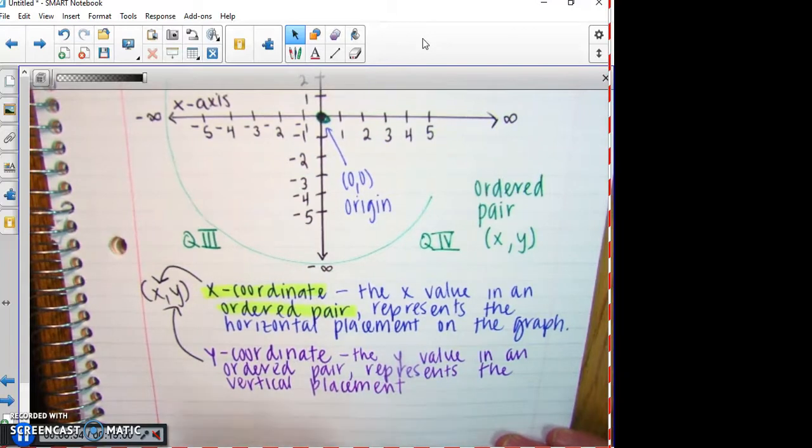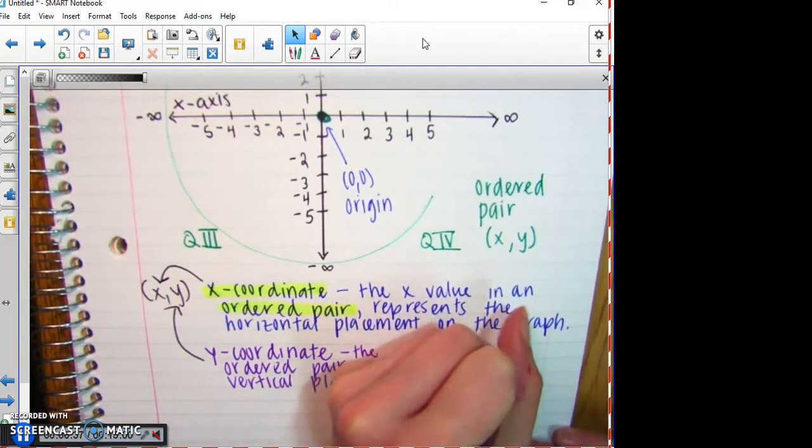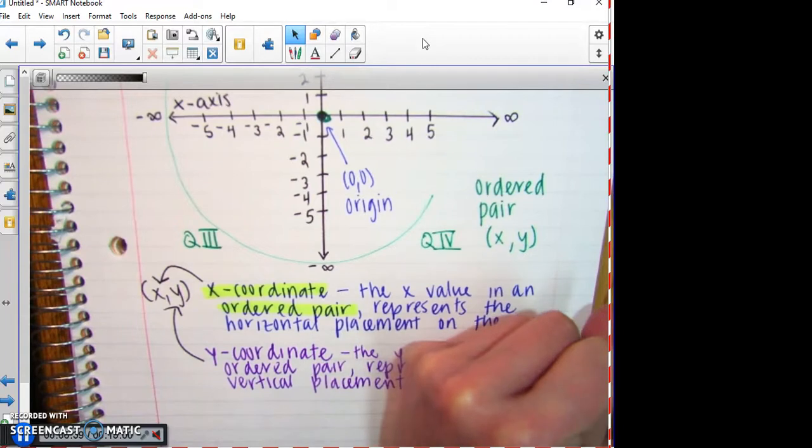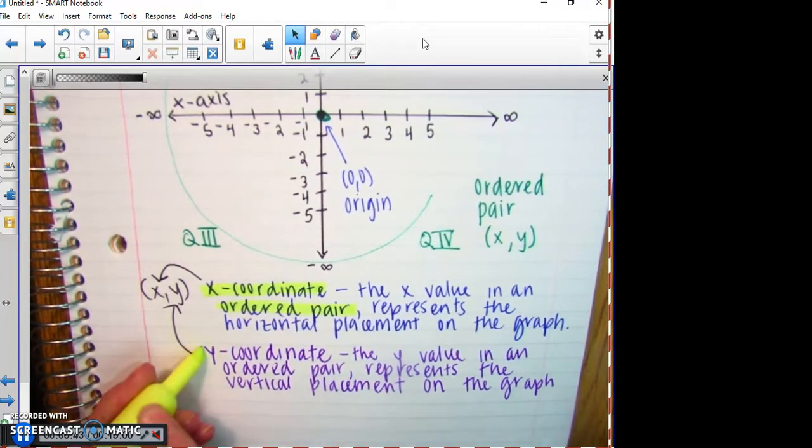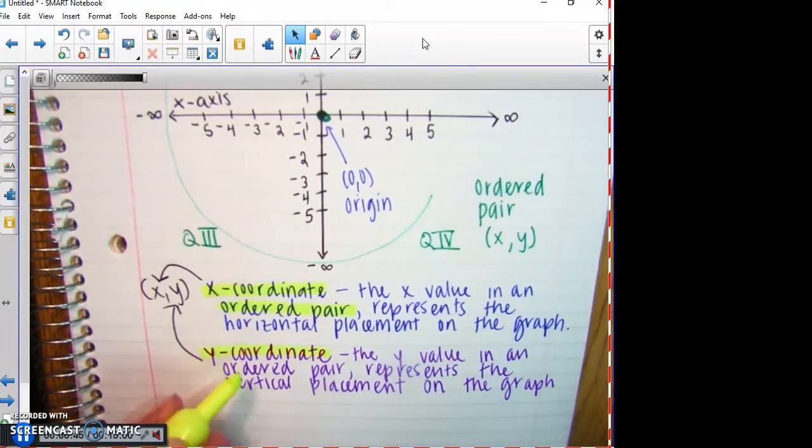So a y-coordinate is in an ordered pair, and it represents the vertical placement.